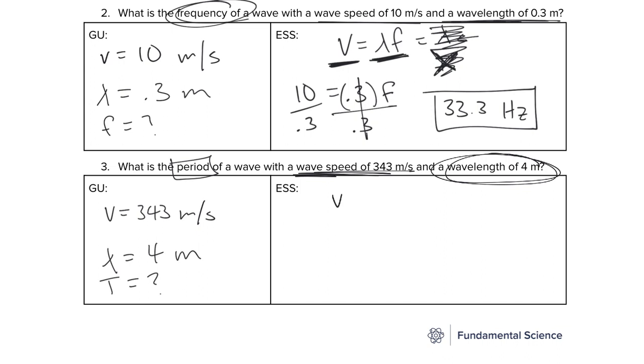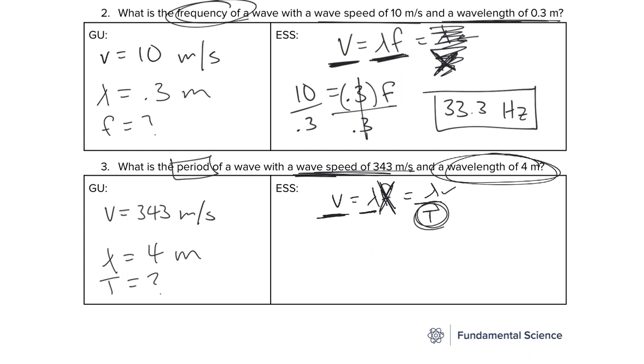So I'm going to write the equation once more so we can choose sections. We have the velocity, so we're going to want that section. We have the lambda, but we don't have the frequency, so that goes by. In our next section, we have the lambda, and we're looking for the period, so that one's going to be good to go.